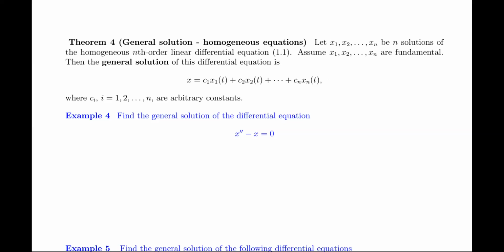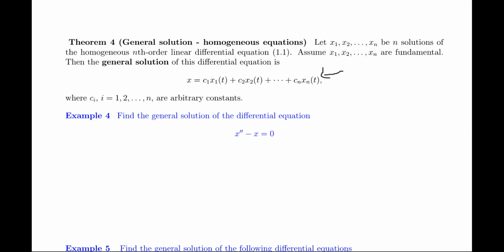That gives us our general solution. We can let these C1, C2, and so on be any arbitrary constants, and this sum will be a solution. In fact, that is the general solution because all of our solutions will be of this form.